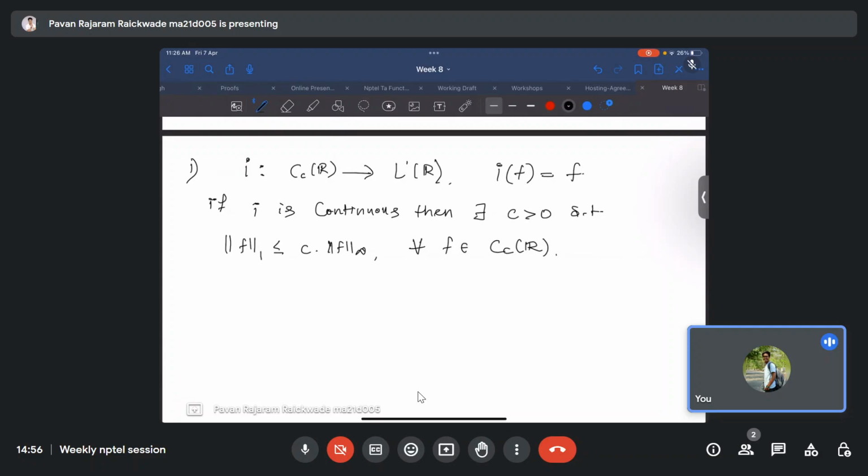Now my claim is that this is not true. The inclusion is not continuous. How will we do it? We'll create a sequence of functions f_n.